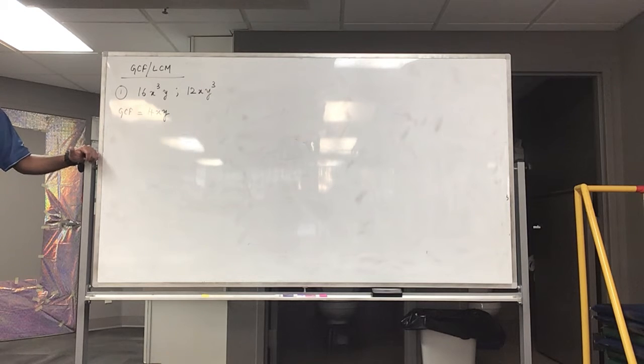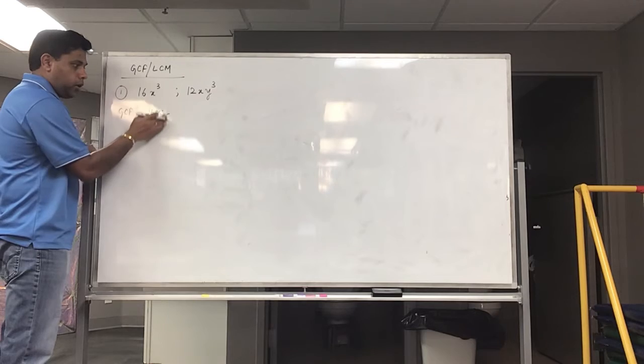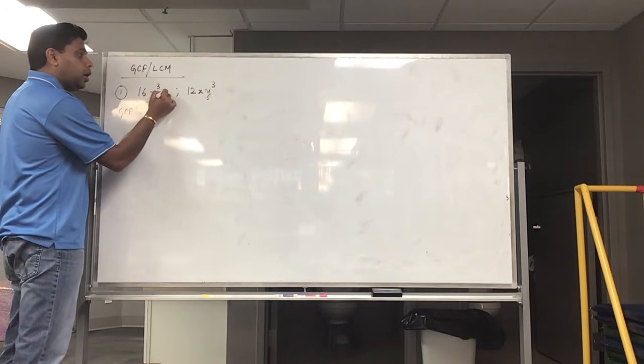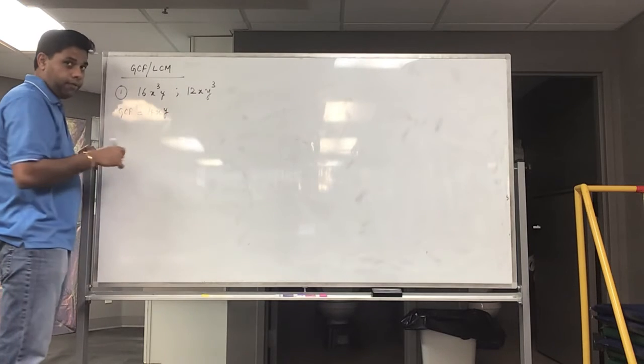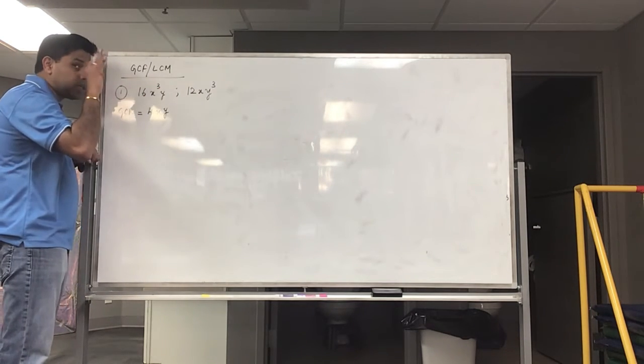Good. And if there is no y here, for example, then the answer would not have y. You with me on this? So you have to look for the greatest common factor, and for the variables, you're looking at the lowest exponent.